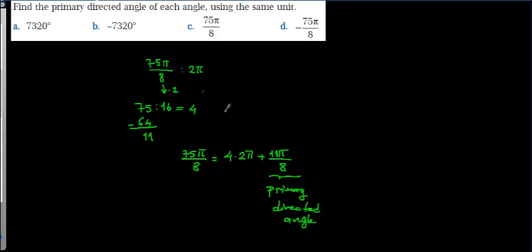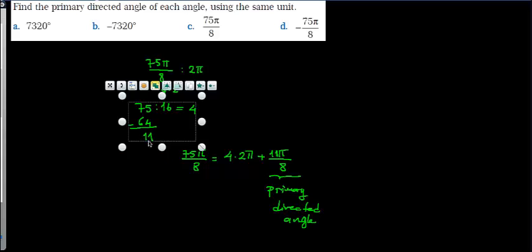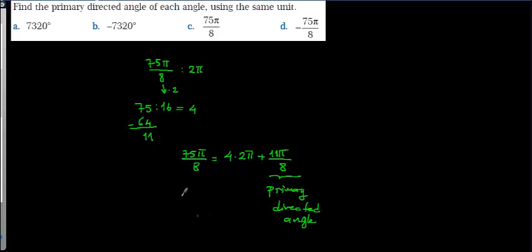If I write this one again, here the 11 is the remainder, and it is written in the numerator. 8 is the common denominator, and it's written here again. The denominator is not going to change.